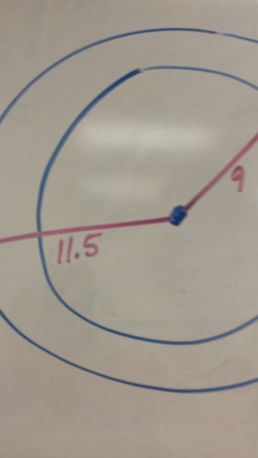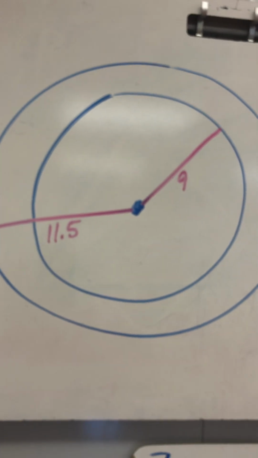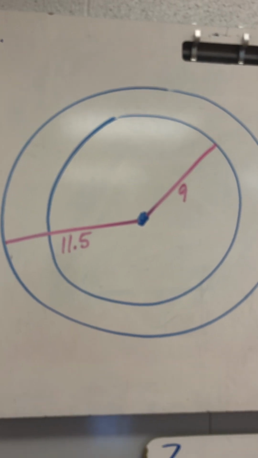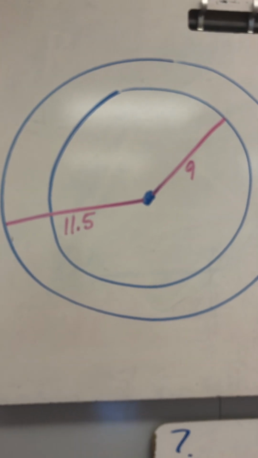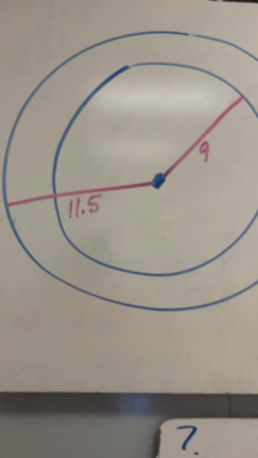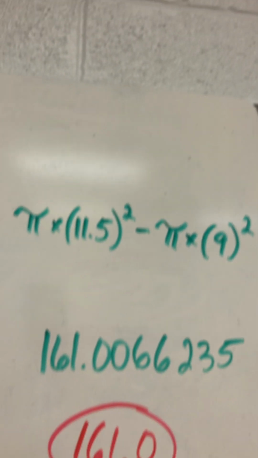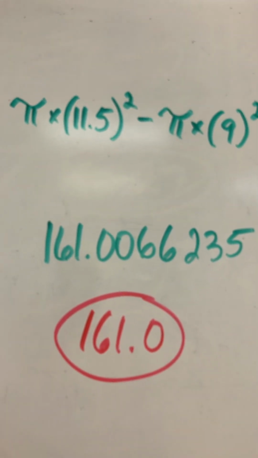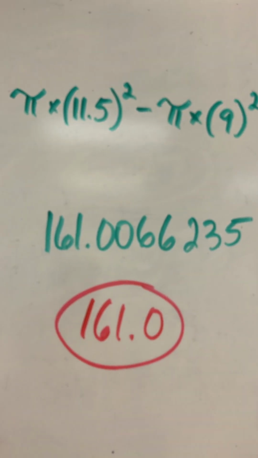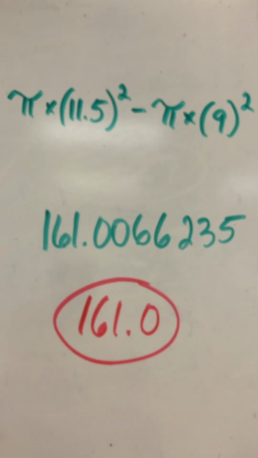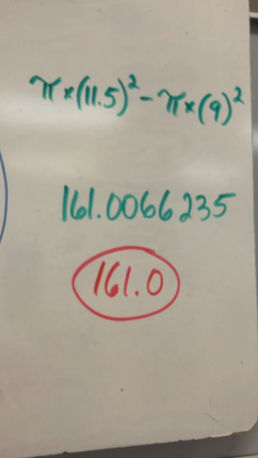Same thing here, look, the bigger circle radius is already given to me. So I'm going to do pi times 11.5 squared minus pi times 9 squared. And I'm going to type in 161.0. Probably need to type in the 0.0.